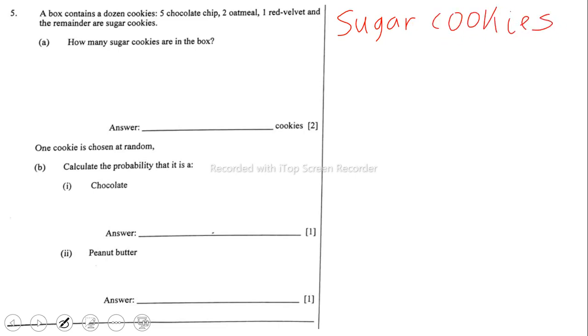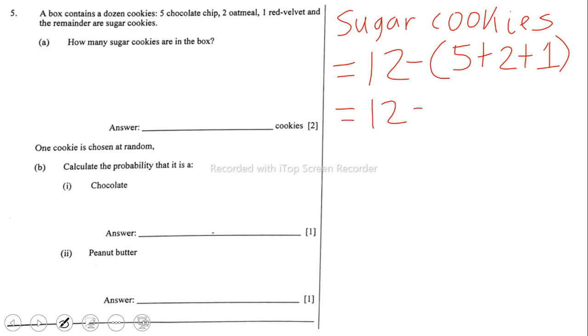We know that 12 in total is in the box, and we want to subtract from that. 5 plus 2 is 7, plus 1 is 8. What is 12 minus 8? 4. So there are 4 sugar cookies.